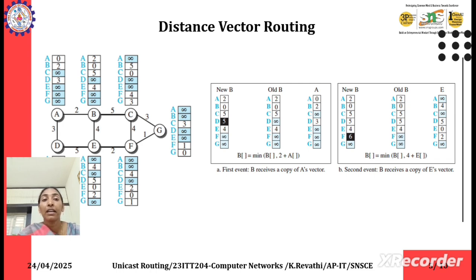For example, I will take node B. The new B row will be 2, 0, 5. B to D is 5, B to E is 4, and F is infinity, G is infinity. Here the new distance to D: you can reach the D node using A as the intermediate node, so B to A is 2 plus A to D is 3.